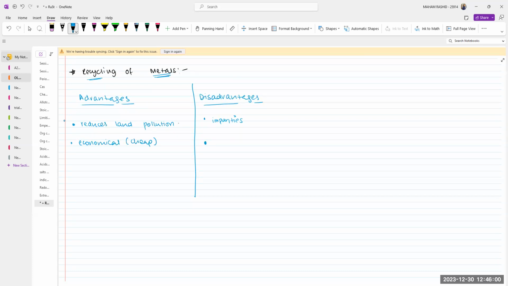The second one is that recycling metals will have some sort of transportation cost, right? So these transportation costs are a lot. So these also come under the heading of disadvantages. Okay. Right? So there are two advantages and two disadvantages.